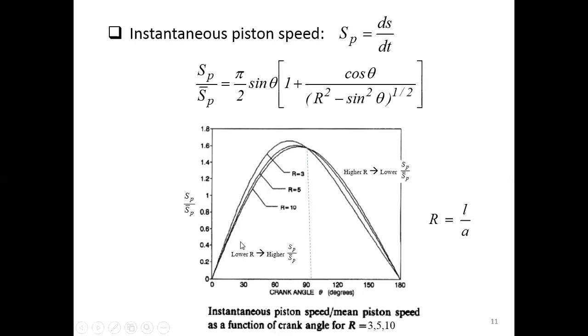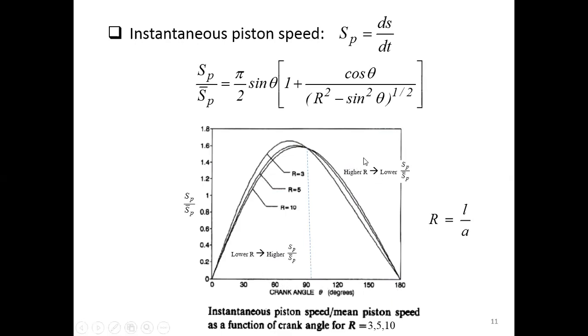So this just shows you that even though we design for a lower R, we have a higher ratio for the first part of the crank angle, and then we have a lower piston speed ratio for the second part of the crank angle, which is no problem.